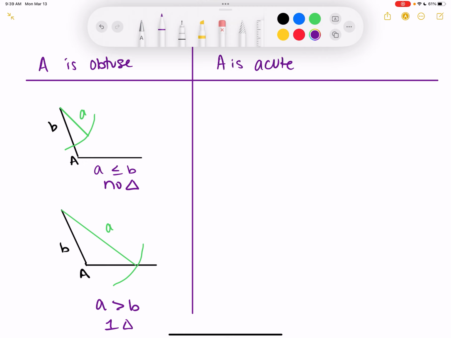However, if it's acute, we have a little more work that we have to do, and there are going to be 4 scenarios for that. So I'm going to draw all 4, and then I'll write 2 things under them. But now they're acute angles, so I'm obviously going to draw them slightly different.